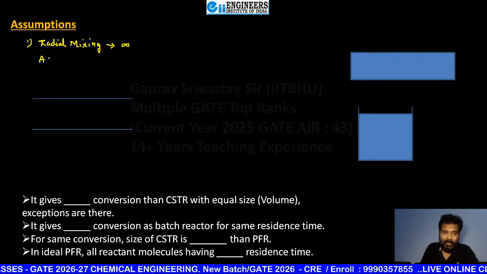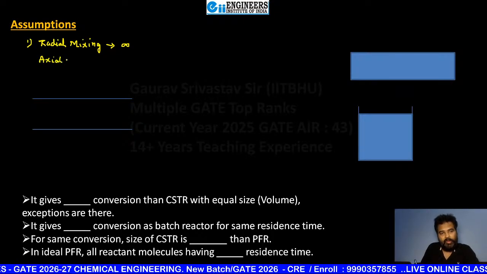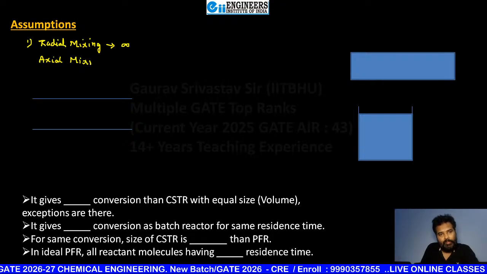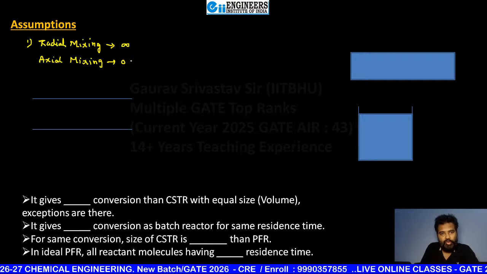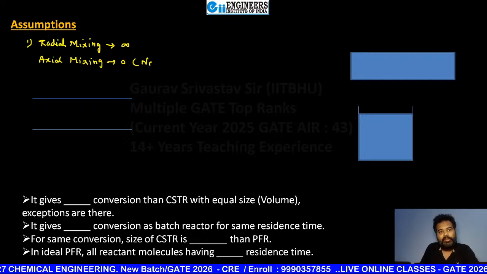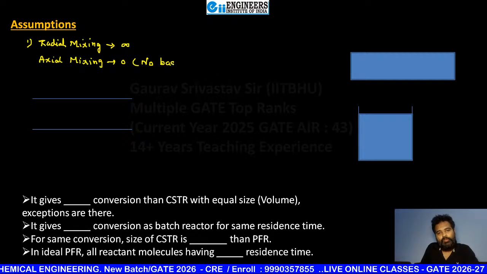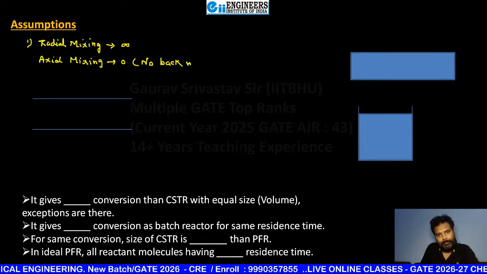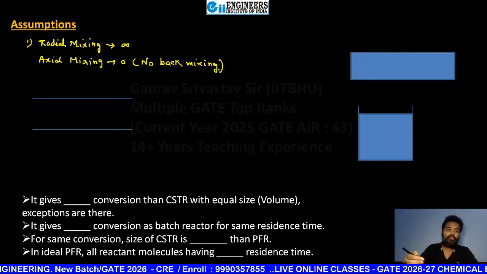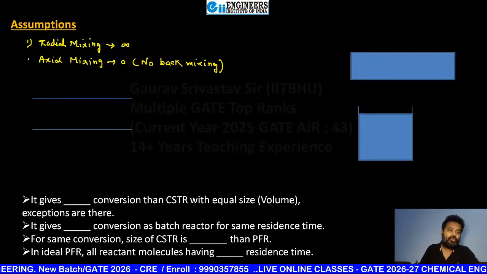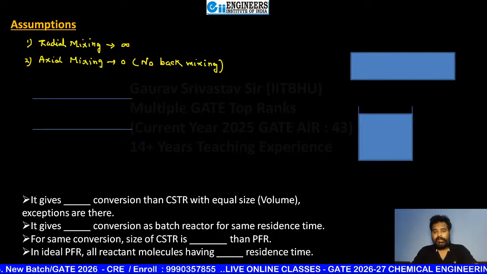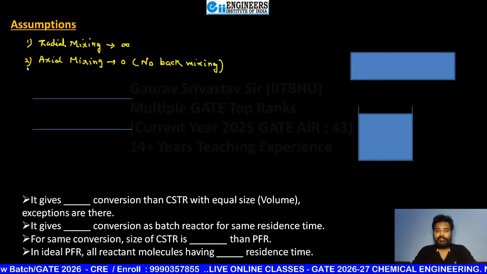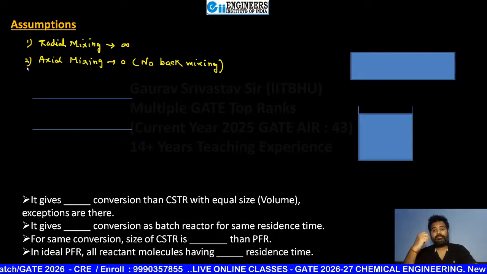If someone asks you axial mixing, it is also known as back mixing. So it's zero, and you can also write no back mixing here. So these are the general assumptions you can write here in case of PFR, that is plug flow reactor.